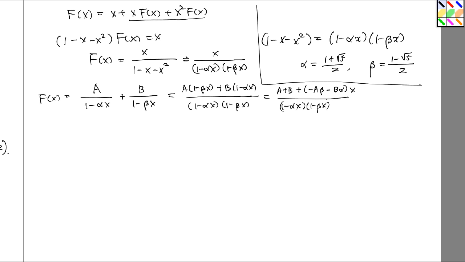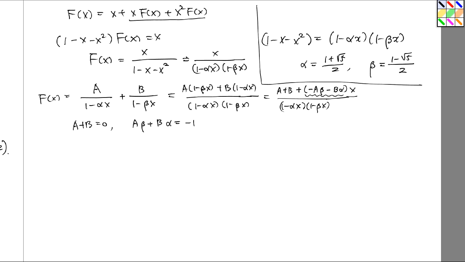Okay, this means the numerator must be x, so that means A plus B equals 0, and A beta plus B alpha must be minus 1, because we have a minus sign there.